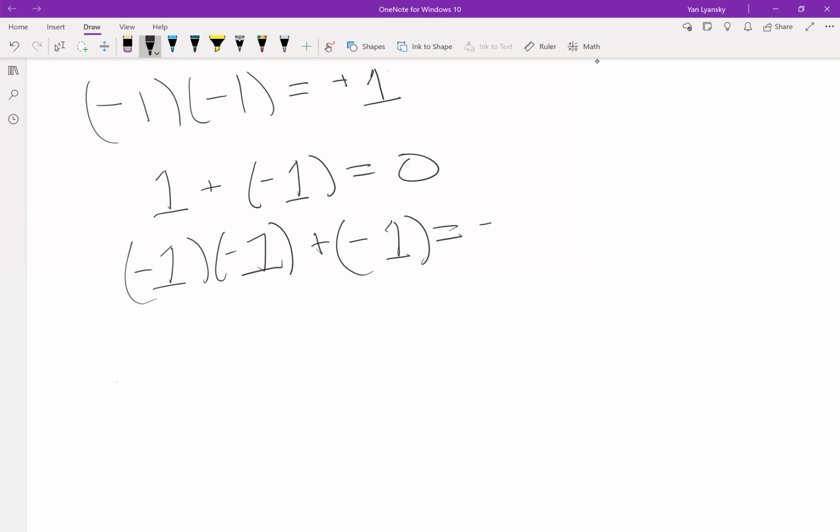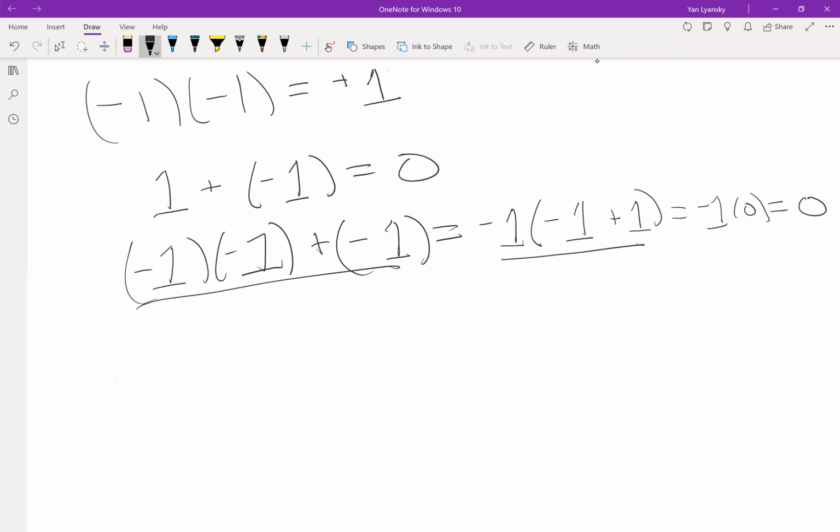The distributive property says you can factor a negative one out, and you get negative one times negative one plus one. So this thing is equal to this thing. And negative one plus one, we already discussed, is zero. So this is negative one times zero. And zero times any number is zero, and I'll make that case in my next video, right?